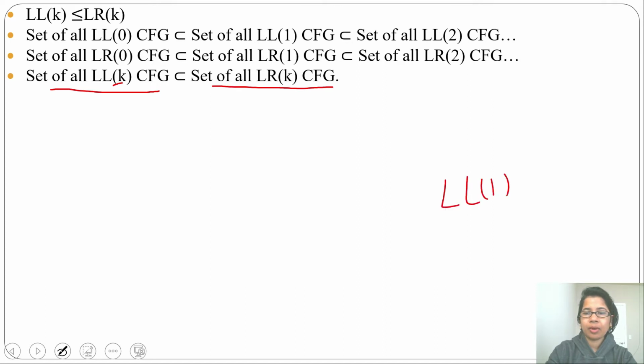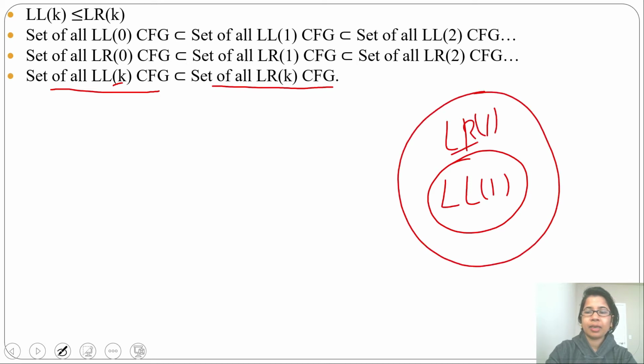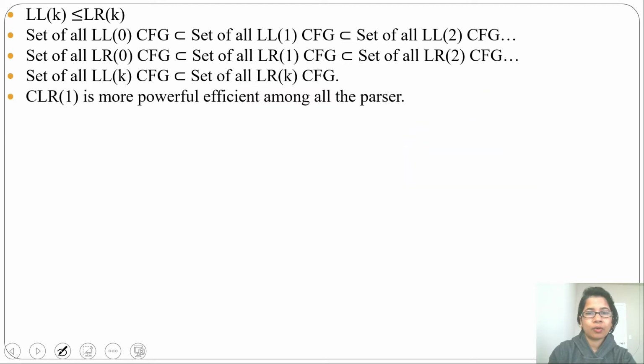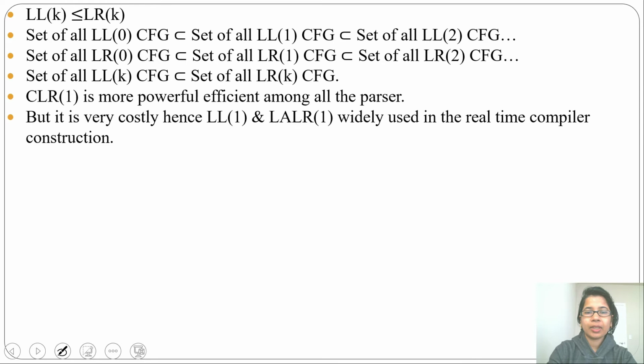Every LL1 context free grammar is a subset of LR1 context free grammar. LR1 may be CLR1 or LALR1. CLR1 is the most powerful and efficient among all the parsers, but it is very costly. Due to that, we use LL1 and LALR1 in real-time compiler construction.